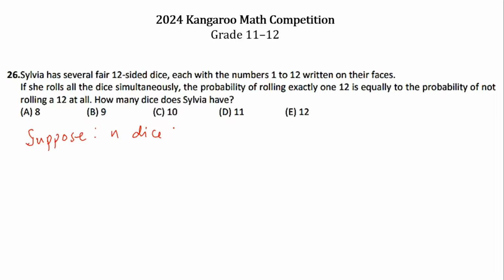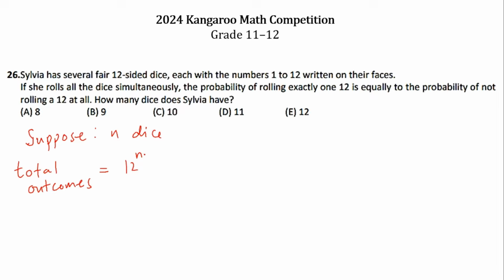Alright. The total number of outcomes must be 12 raised to n, since for each die there are 12 possible outcomes. So total outcomes in the sample space is 12 raised to n.